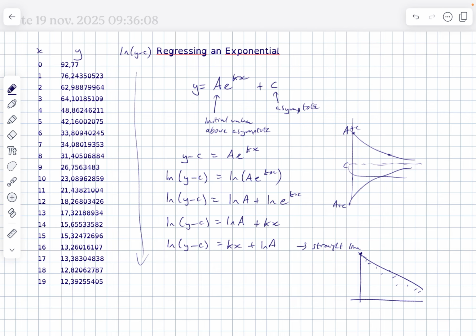If I can work out my y-intercept, that should be log of a. And my gradient here is k. And so I know those values. If I know log of a, then a equals e to the power of that.